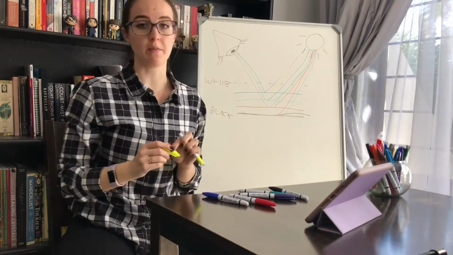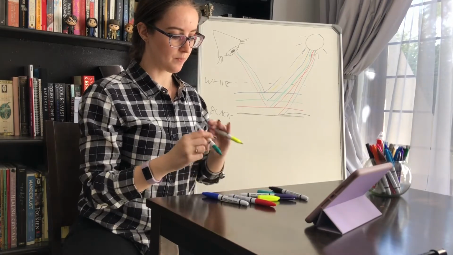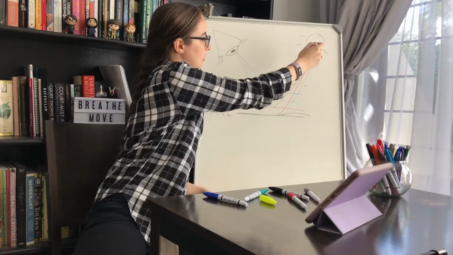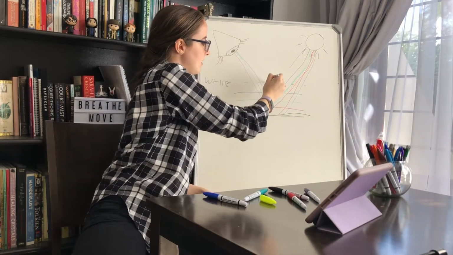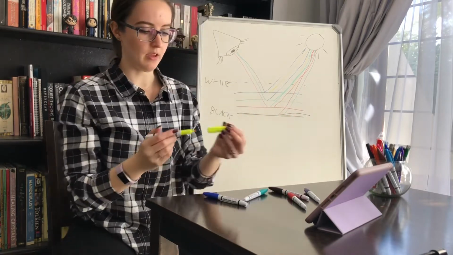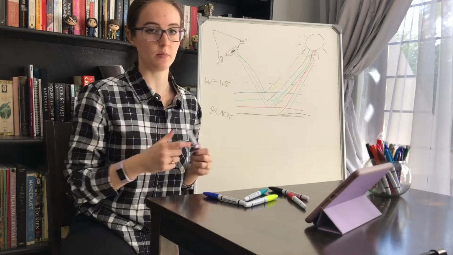But when we come to white, white is all colors being reflected back. For white, we're going to pretend that it's all the colors coming down and all of them being reflected back. There are also waves of light that can't be seen by the human eye.